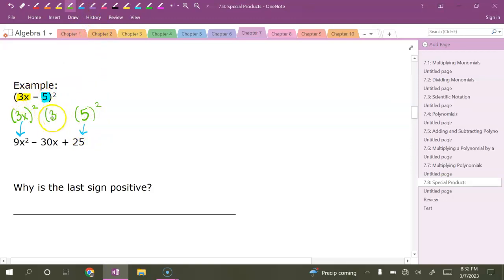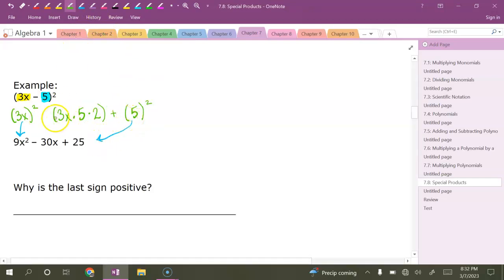You're multiplying them. And then you have to double it. I'm running out of room. Let me rewrite that. So we take 3x times 5 times 2. That's better. And then I had that 5 squared over here, which is how I got the 25.